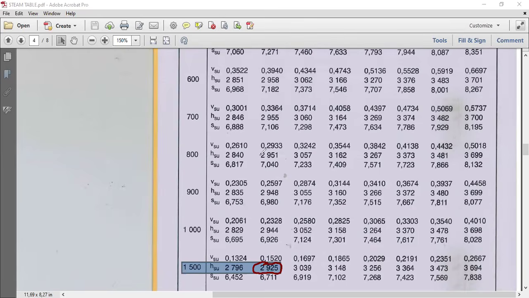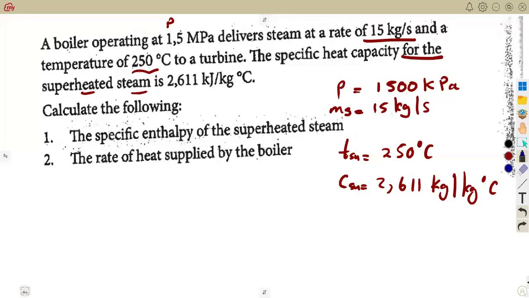The pressure corresponds, the temperature corresponds. Remember, this was 250 here, but this is where we have 250 down there. So you could have also used this part because it's there. So we got 2925. That was our H sup there. 2925, just like that.